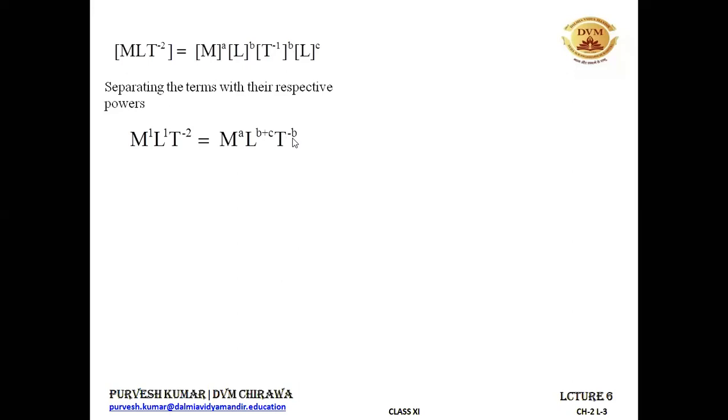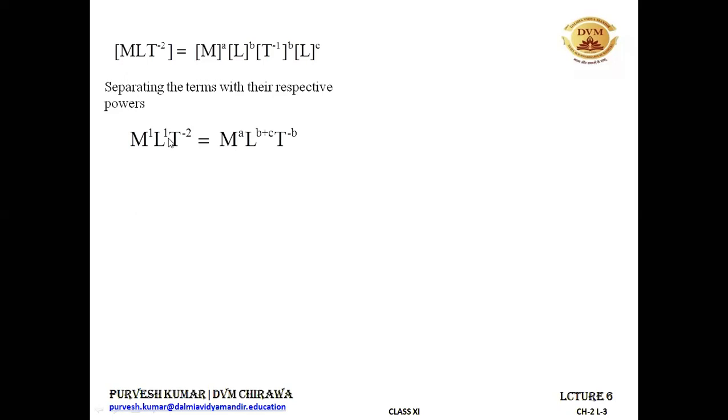All right. Now compare. We have to make a comparison of the powers towards the left hand side and right hand side. This a is the power of M towards the right hand side, and towards the left hand side, M is having power 1. So I can write a equal to 1.